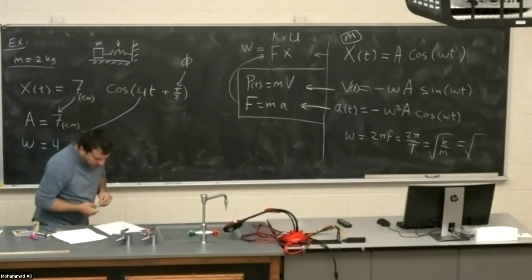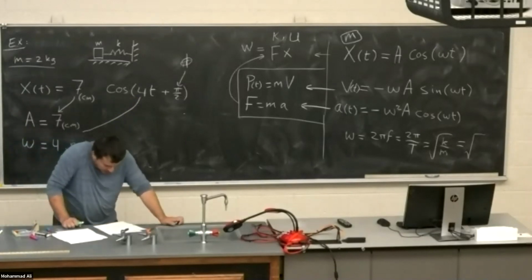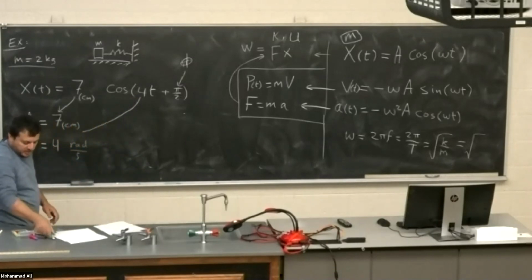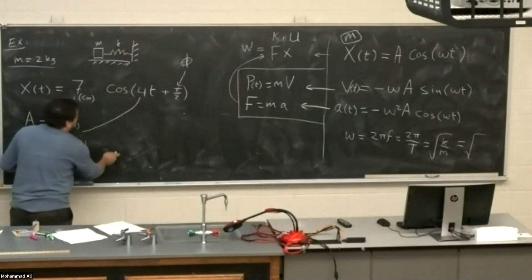What else am I asking about? The angular frequency, omega, the starting angle, which is pi over 2, the spring constant and many, many things. What if I ask you about the frequency?